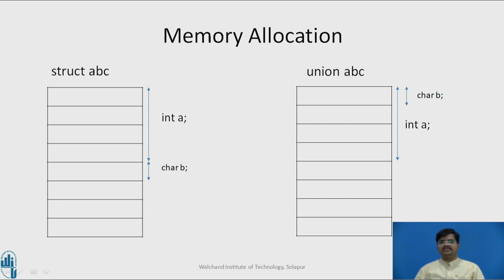Observe that a structure stores data in contiguous memory locations, but they do not share the memory. In case of union, integer A and character B will share a memory location. That is the difference between a structure and a union.